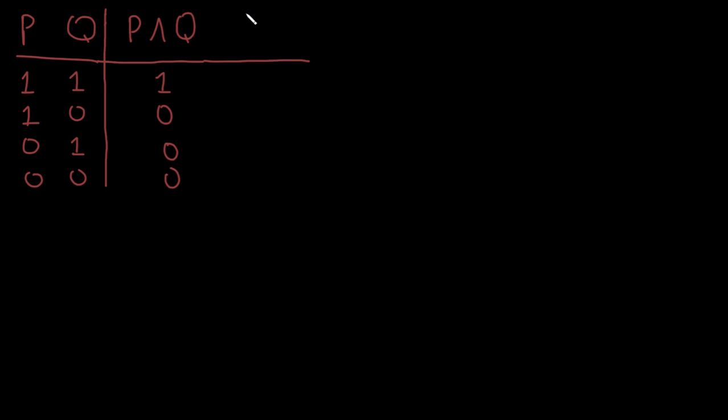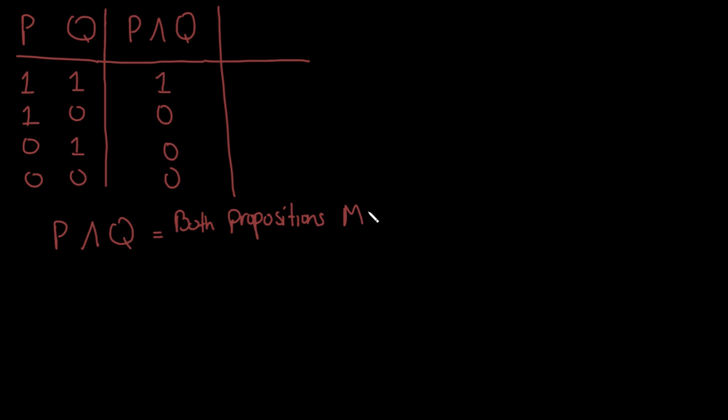And it makes sense. If you think about it in Java, and not even just Java, just in general, it'll make a lot of sense when you read it out as an English sentence. When it comes to and, both propositions must be true.